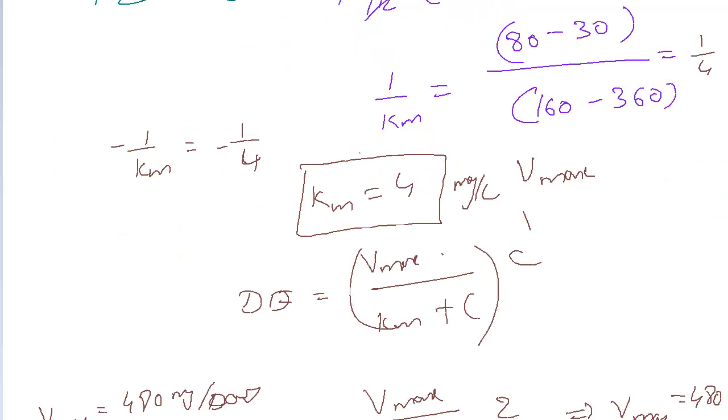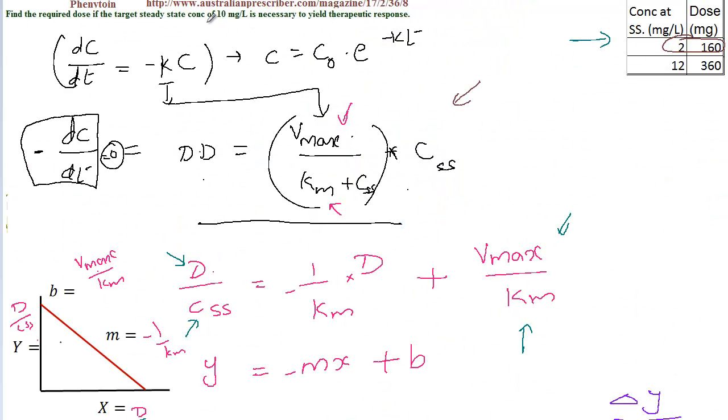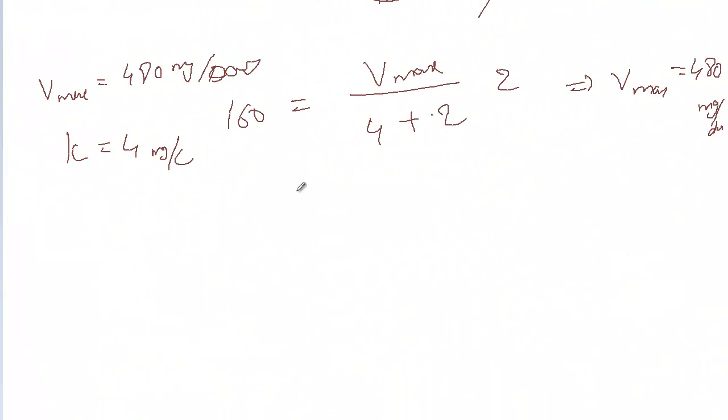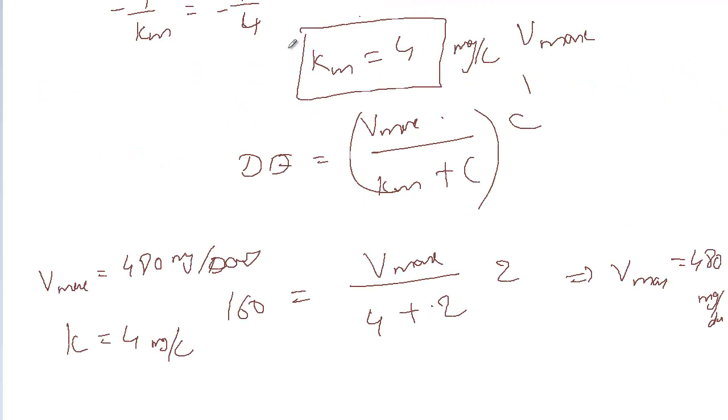Now, if someone asks us, to achieve a steady state concentration of 10 mg per liter, what is the dose that is required? Let's do that. We are going to use the same equation we used earlier.